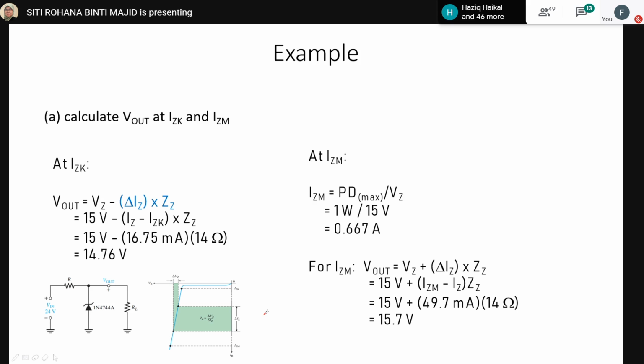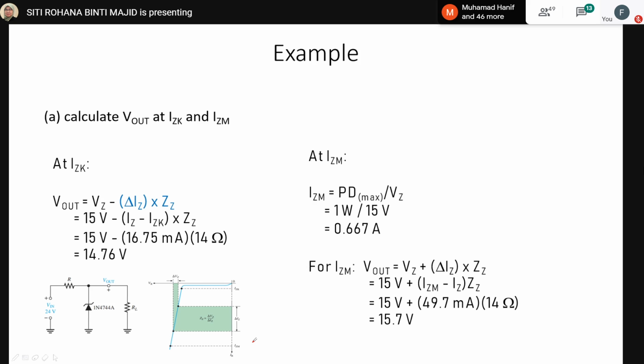Okay, the second part, we want to calculate the V out at IZM. So what is the value of the voltage that comes out at this particular point of current? As I mentioned before, IZM will involve the maximum power dissipation.